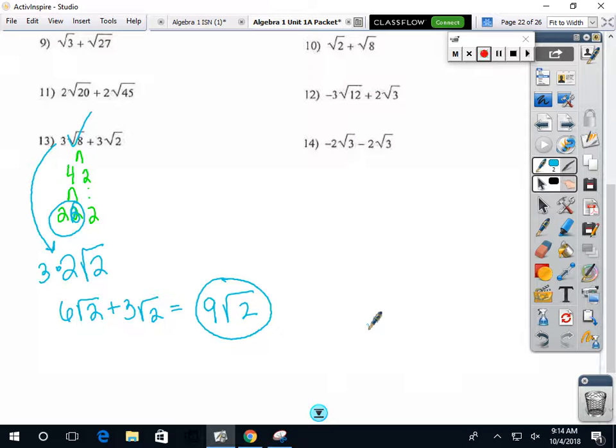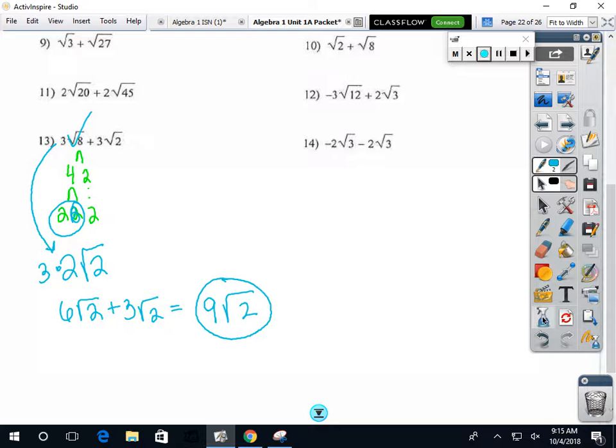Okay, copy that, and then we'll do 15. Okay, everybody got it copied?